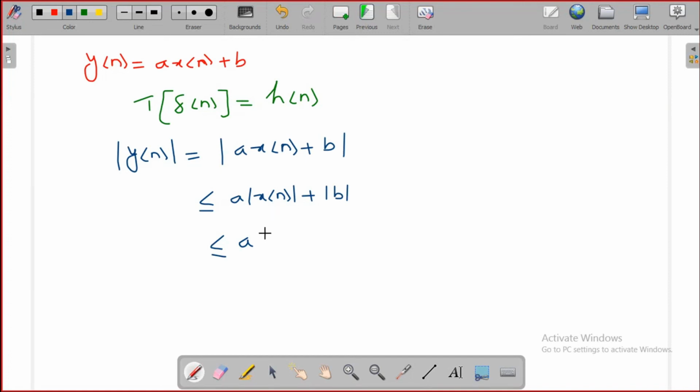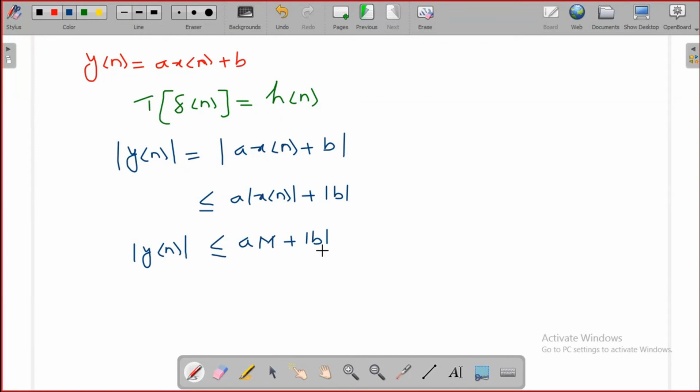For BIBO stability the input must be bounded, so I take the maximum magnitude of the input as m. So the response mod y is less than or equal to A into m plus mod b.